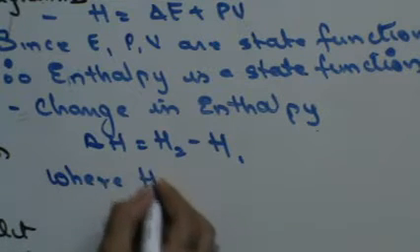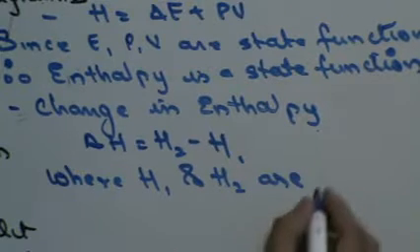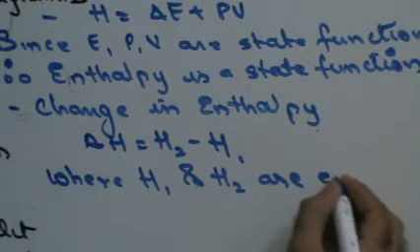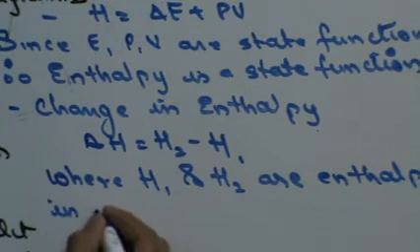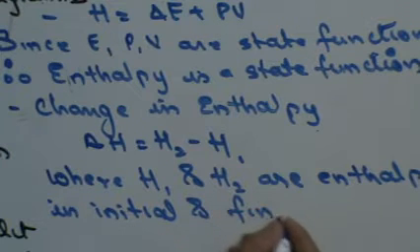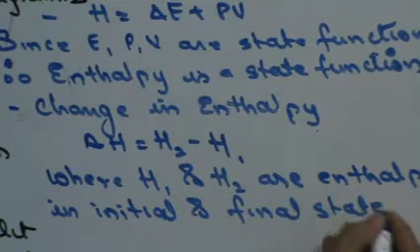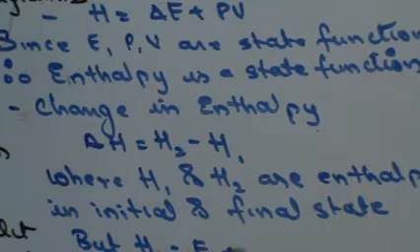where H1 and H2 are enthalpy in the initial and final states. Now, if I use the equation of enthalpy, enthalpy in the initial state will be internal energy in the initial state plus pressure volume P1 V1.